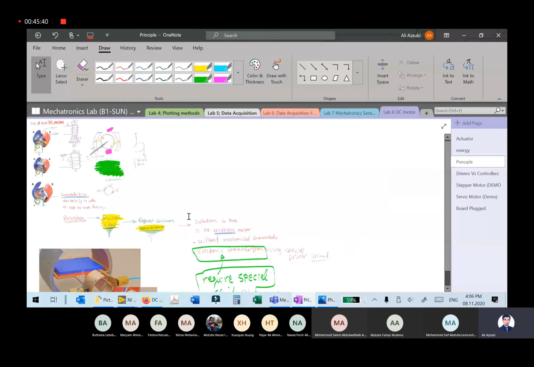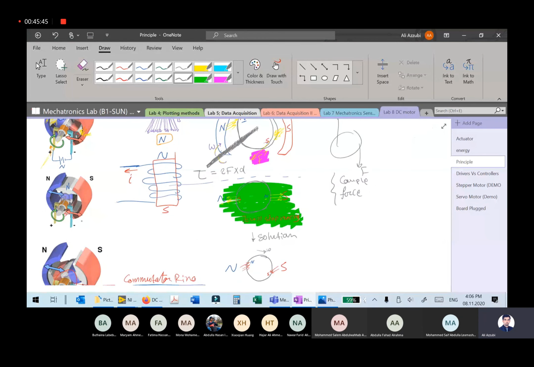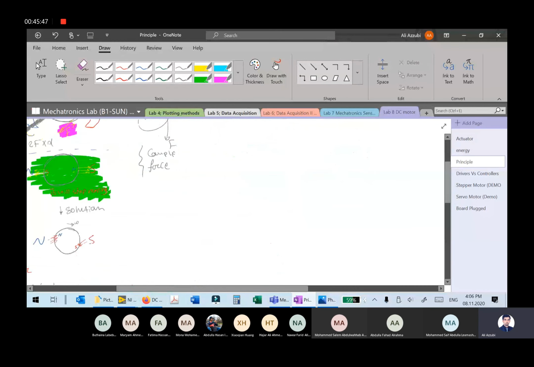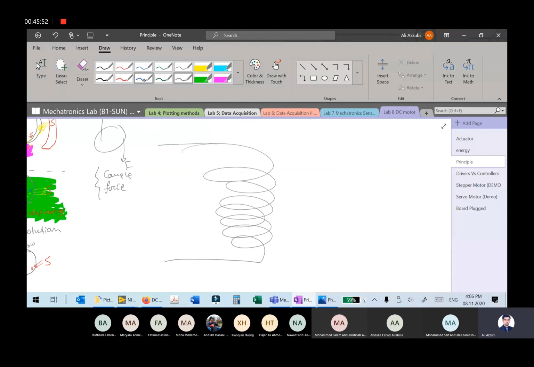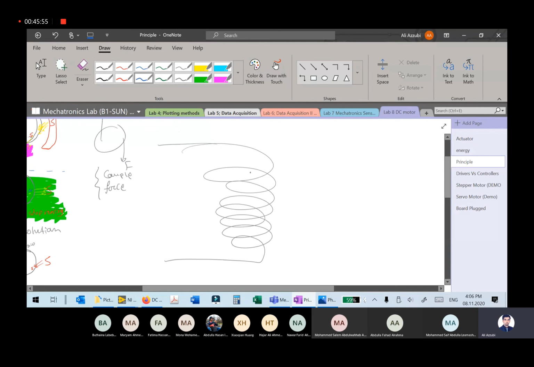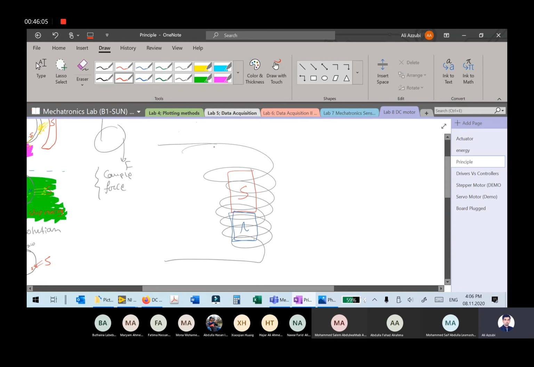Why? Because here the opposite principle to these motors is you have a coil. If you have a big coil, and you have a magnet, with north and south like this, and the magnet is moving, you will induce some voltage here, some positive, negative.